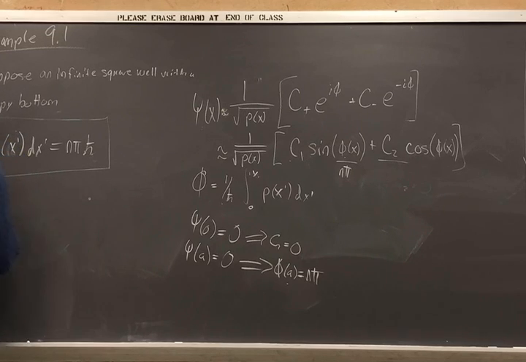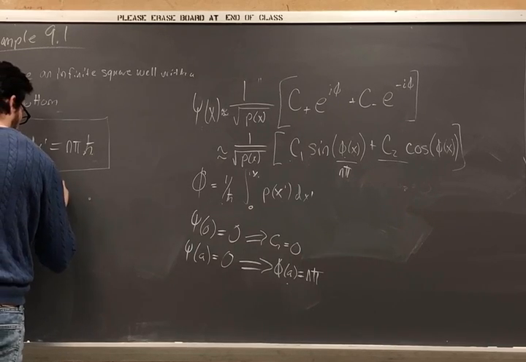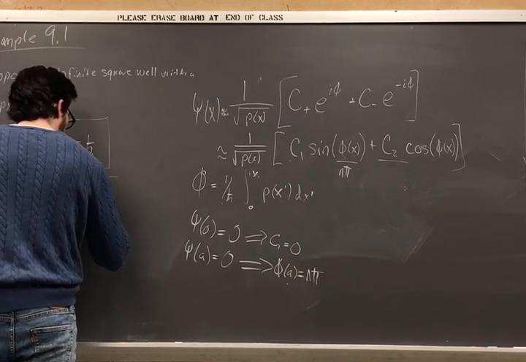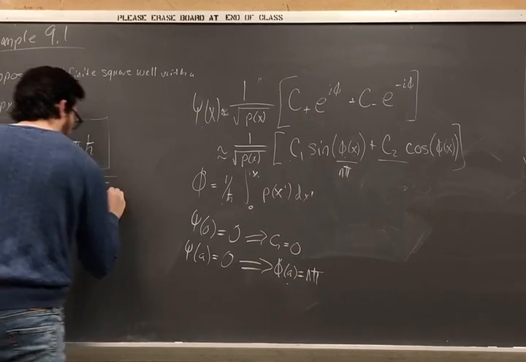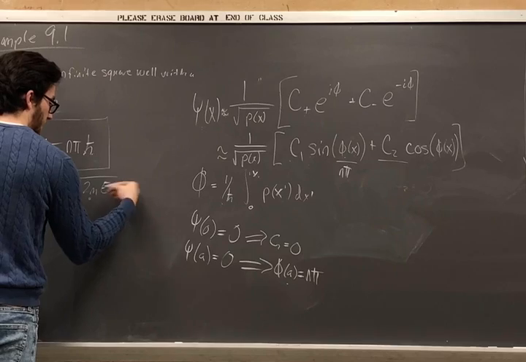Let's try and test this out, right? If v of x equals 0, then p of x is going to look something like the square root of 2m E. Do you agree with that? Because v is 0, so there's no minus v part.